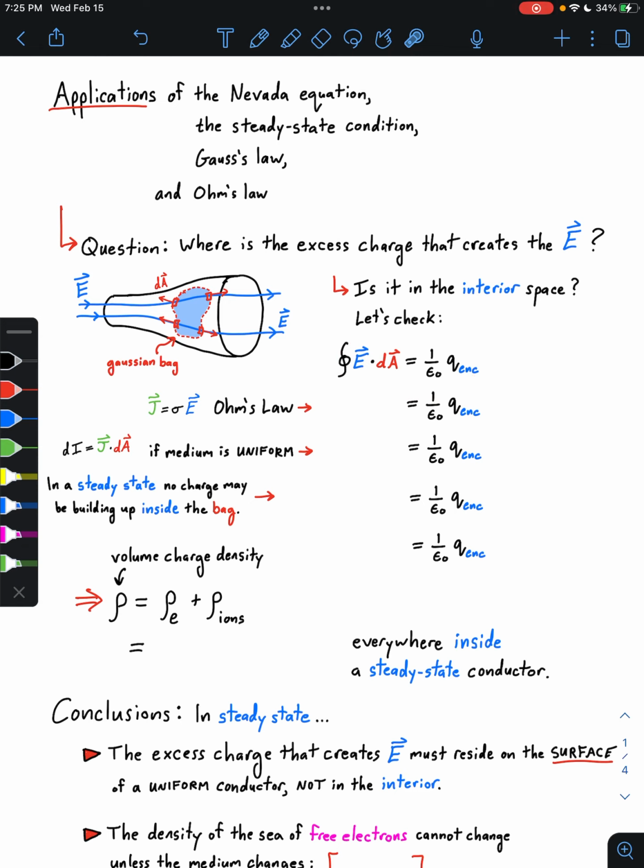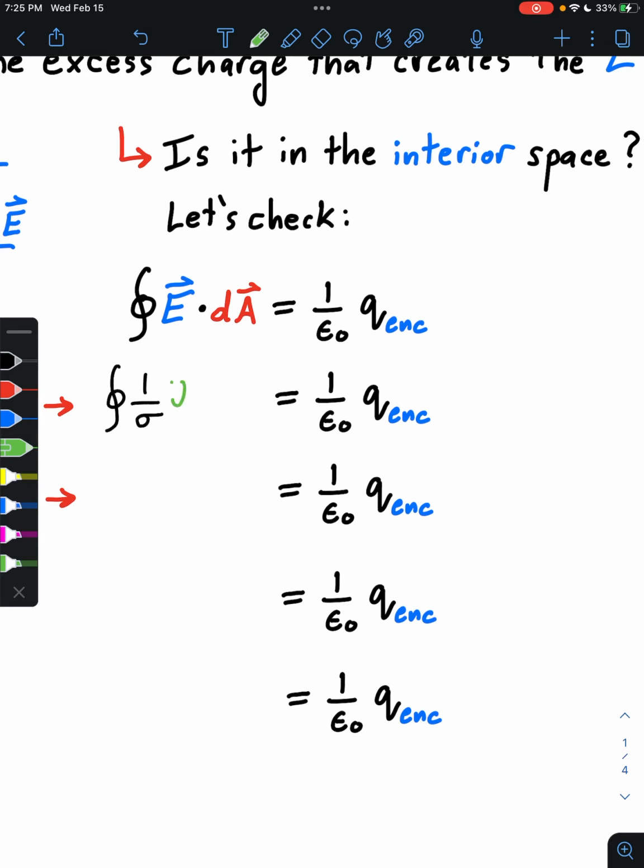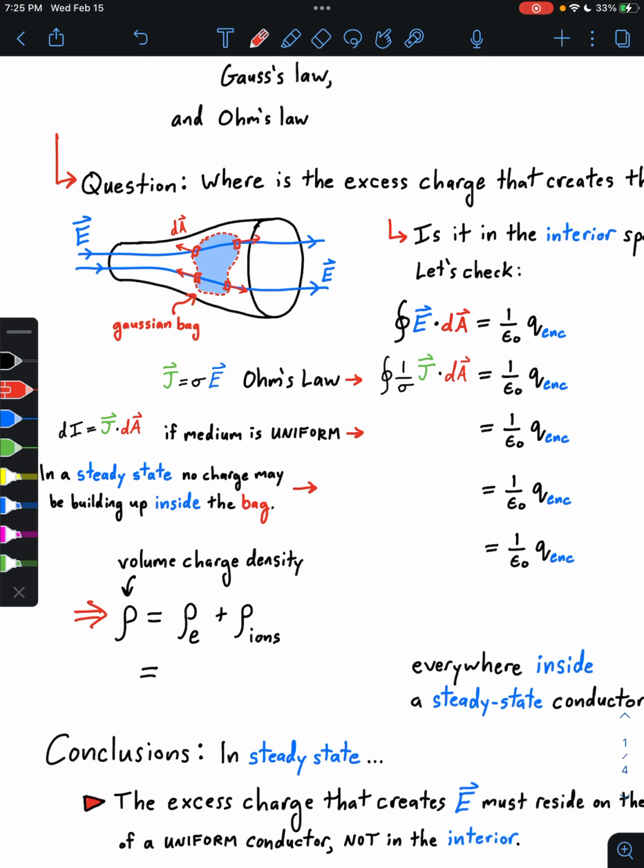So the flux integral becomes the reciprocal of the conductivity times the current density, like so. And if our medium is uniform, that is to say, if the conductivity is the same at all points on the surface of that bag, then we can pull it out of the integral.